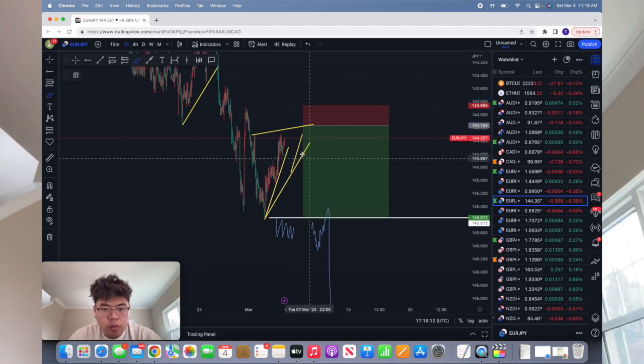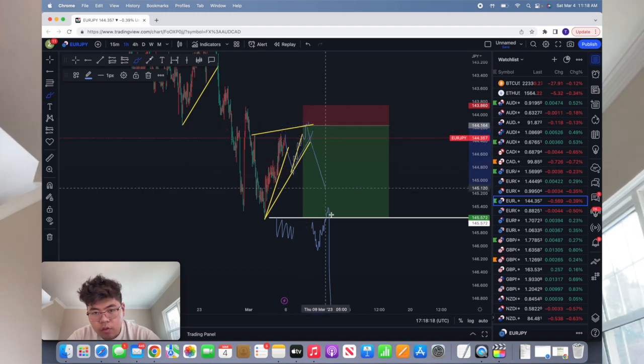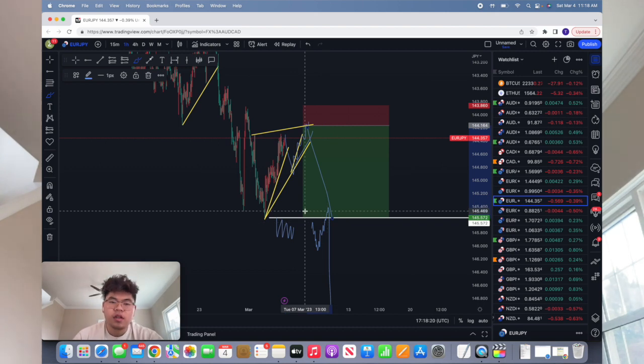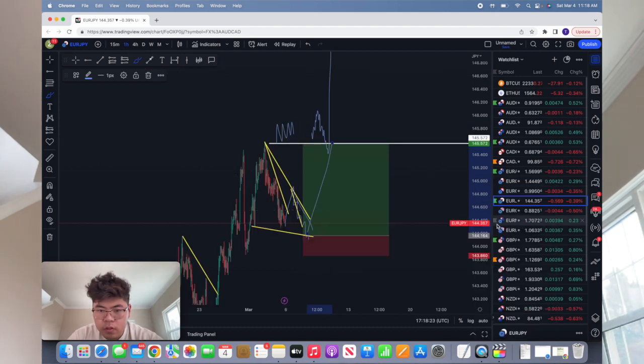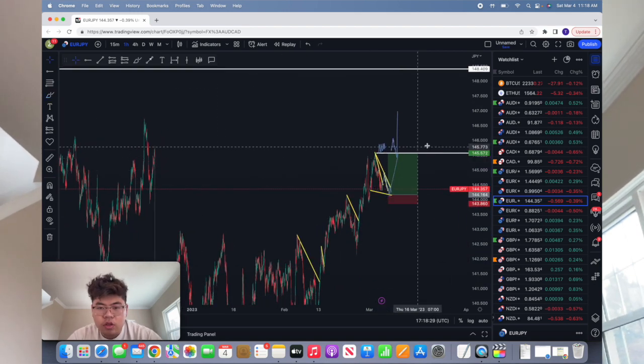What we're looking for is more of a breakdown and then a correction. That way we can be assured of ascending, and then to the upside, right? That's more of what I'm looking for. But I can still be sure that it's going to go to the upside.